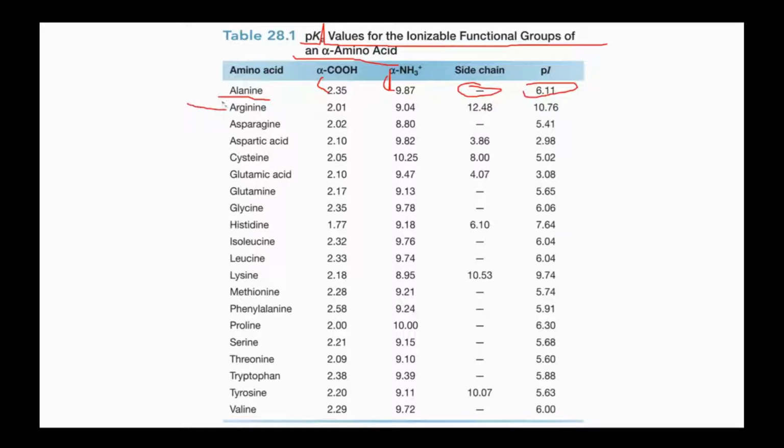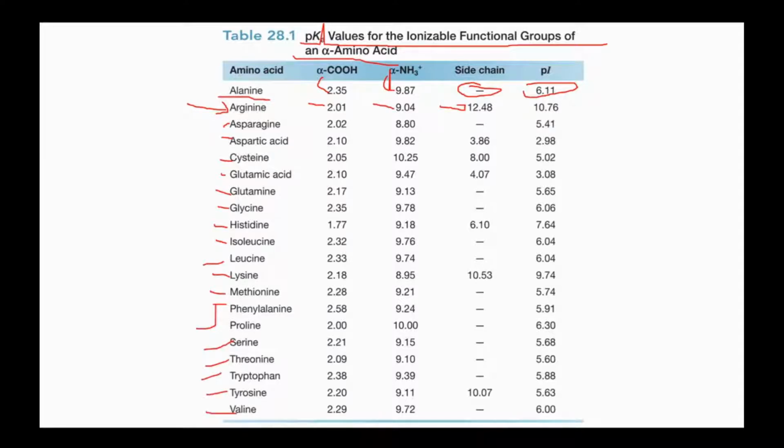Same for arginine: pKa is 2.01, for ammonium it's 9.04, the side chain pKa is 12.48, and the pI is 10.76. Same for asparagine, aspartic acid, cysteine, glutamic acid, glutamine, glycine, histidine, isoleucine, leucine, lysine, methionine, phenylalanine, proline, serine, threonine, tryptophan, tyrosine, valine.